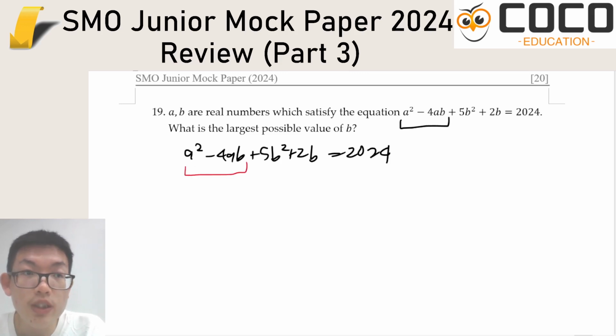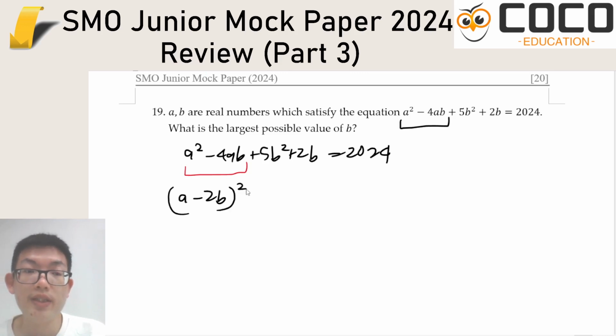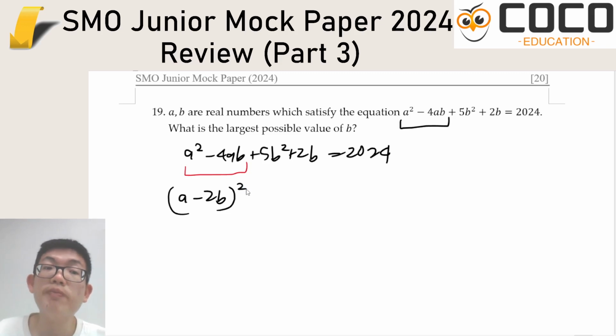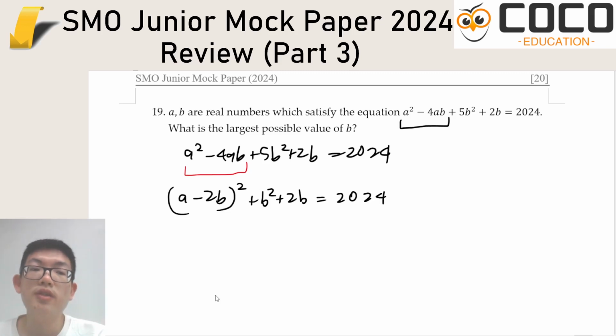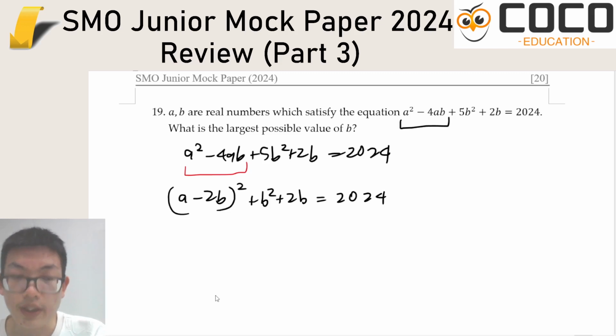By considering the first two, that would be A minus 2B squared. A minus 2B squared would be A squared minus 4AB plus 4B squared, which leaves us with B squared. Now the idea is very simple.